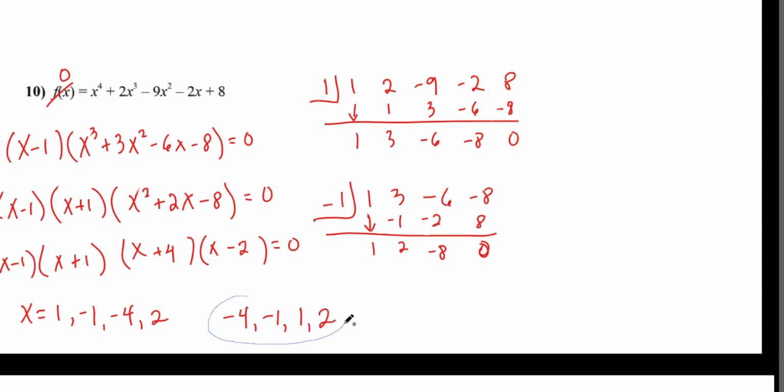All right, so those are my zeros. So X equals all of those. That means, what does that mean? That means if I put in any of these numbers, I could put a negative 4 in for all of these. That's going to come out to be a 0. Put in a negative 1, that's a 0. A 1, 0. 2, 0. Got it? So that's what you're doing. That's what they're asking you to do.